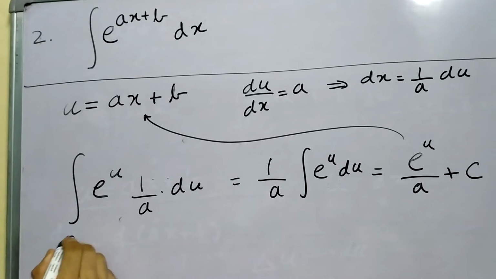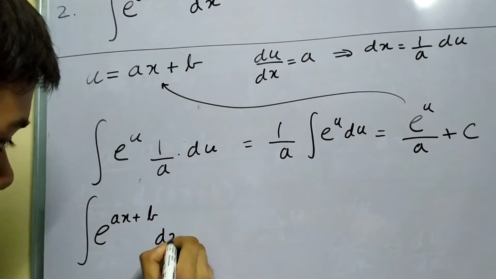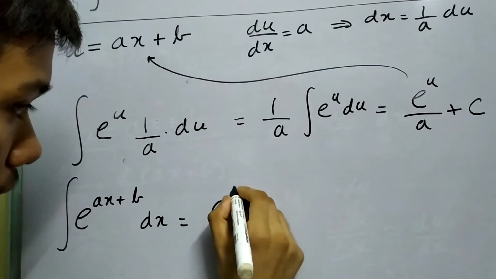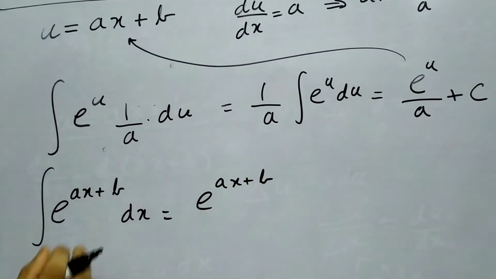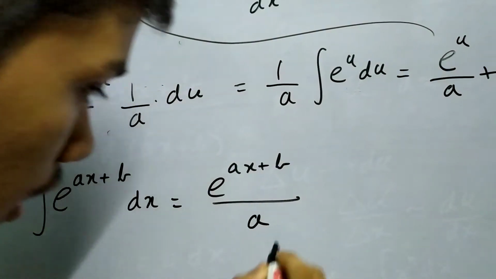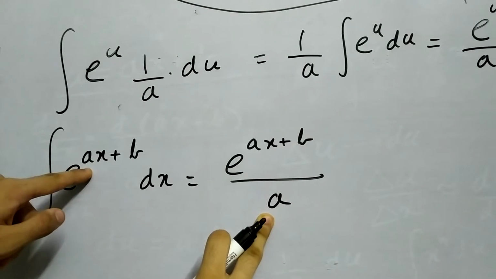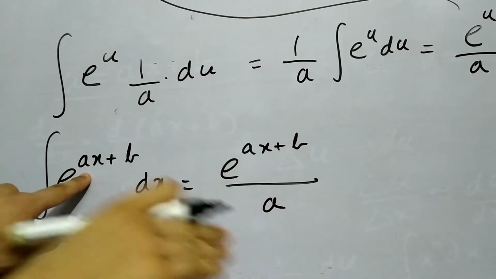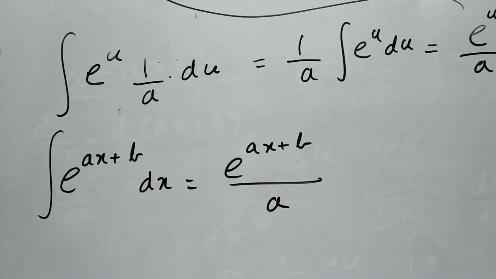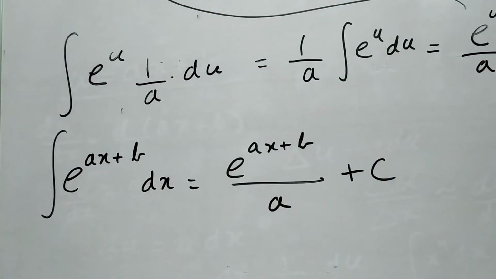So you are left with integral e to the ax plus b dx is equal to e to the power of ax plus b. Notice the exponent remains the same. A factor of 1 by a comes in, so the coefficient of x goes to the bottom. You can think of it in this way, plus some constant.